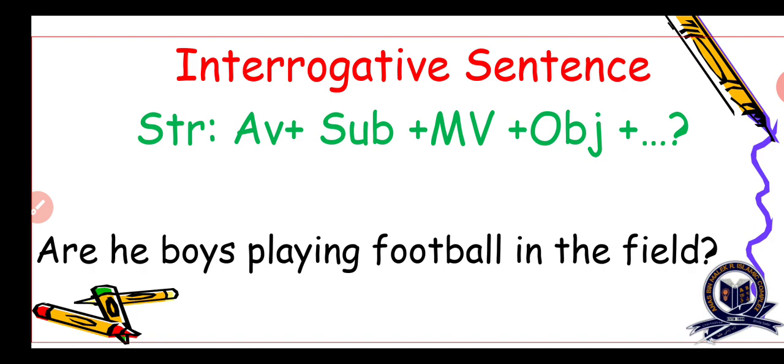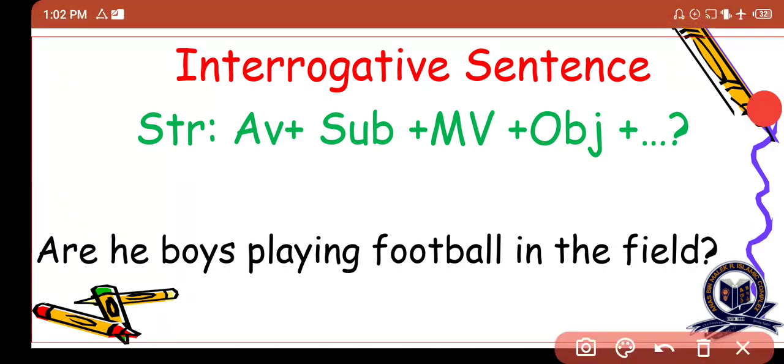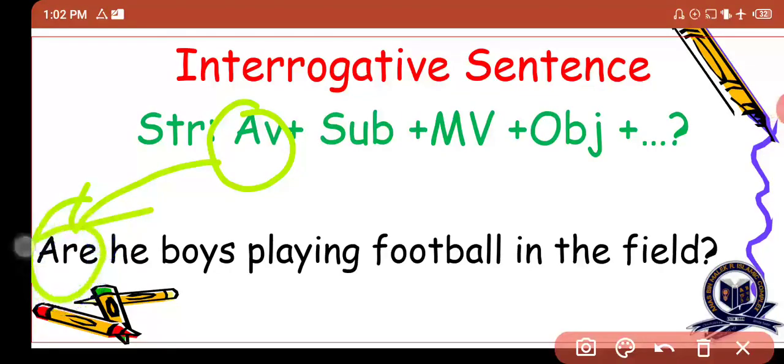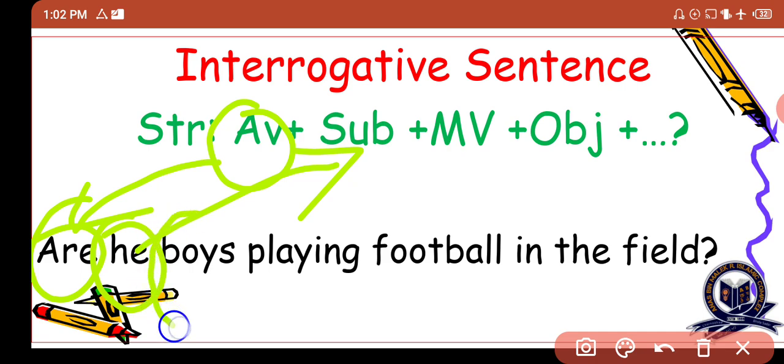This sentence is based on the previous sentence that we discussed in the assertive sentence part. Let's see which part indicates which. In the sentence, the auxiliary verb is are. The boys represents the subject.